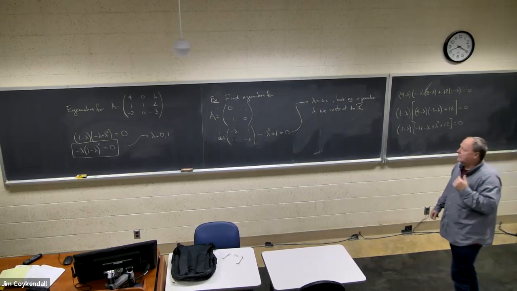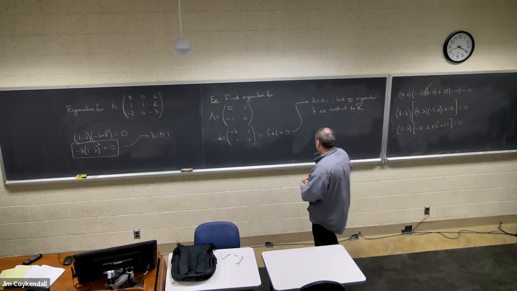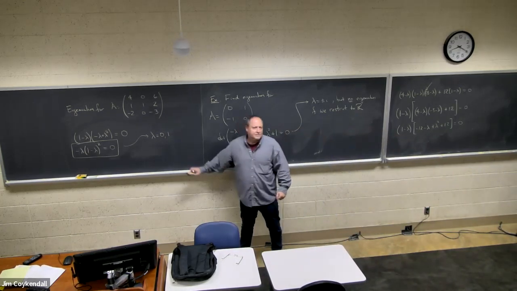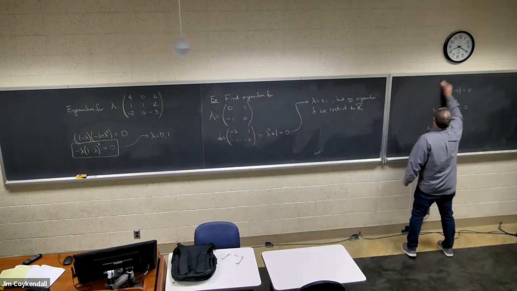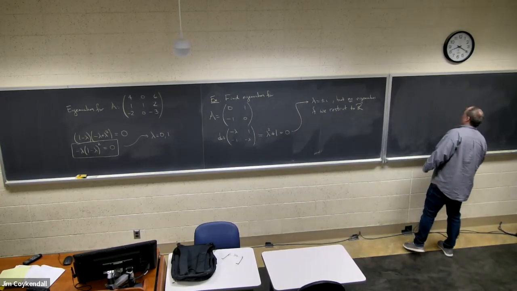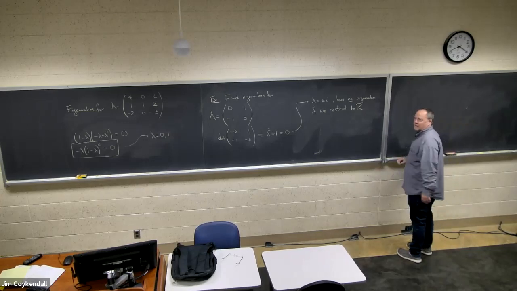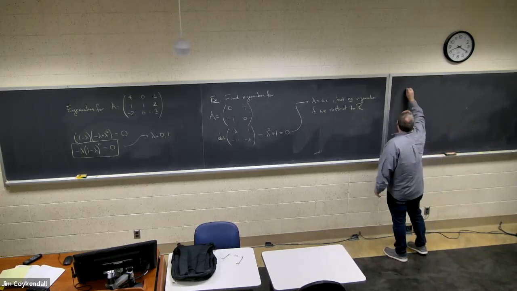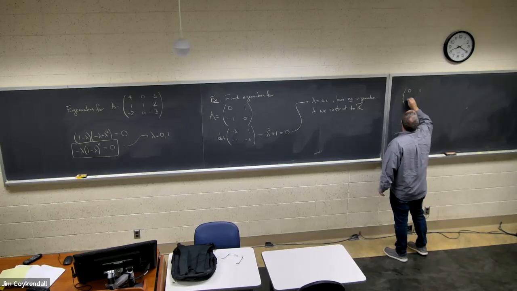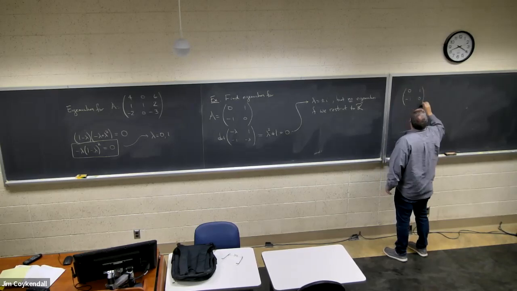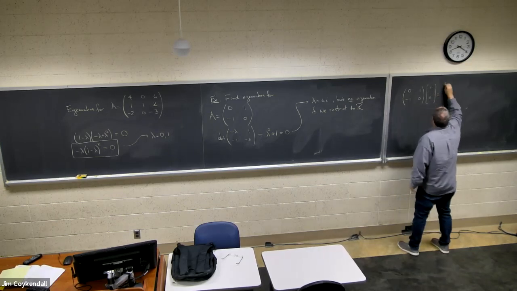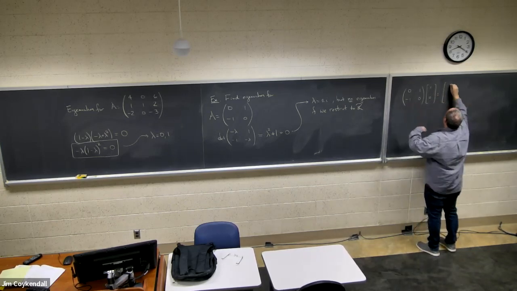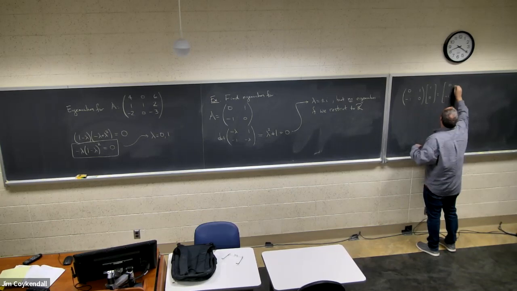What does this matrix actually do? Swap x and y and make y negative. All right, so let me see if I can get a picture of this. I'm going to see what the effect is on the ordinary standard basis.